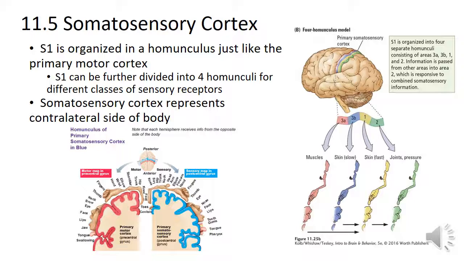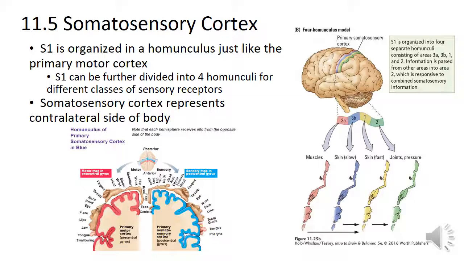The somatosensory cortex, however, has four little strips that code for somatosensory information from different parts of the body. So the muscles, two for the skin, for the slow and fast receptors, and then another one for joint and pressure. And remember that the somatosensory cortex, like the motor cortex, represents the opposite, the contralateral side of the body.